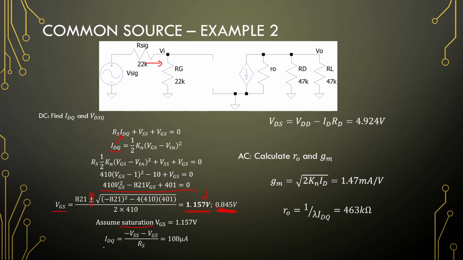Okay. With that, we can calculate our drain current. So minus VSS minus VGS over RS, and that's 108 microamps. And from there, we can just calculate our VDS value.